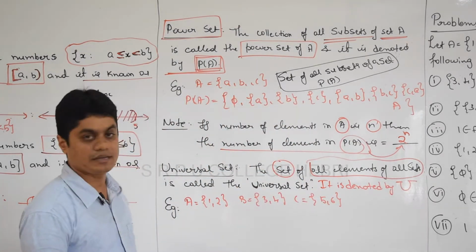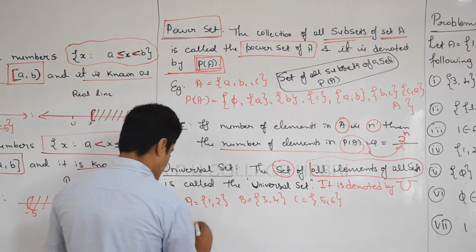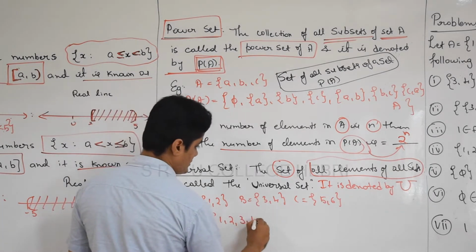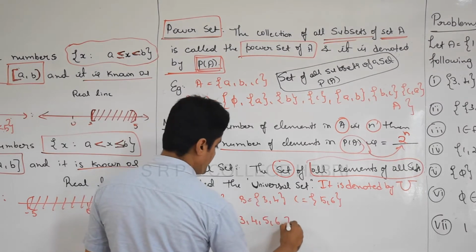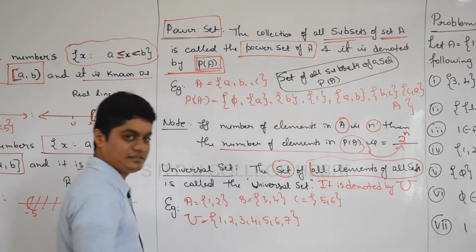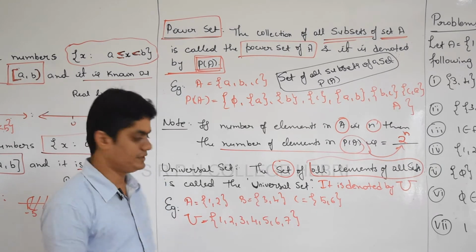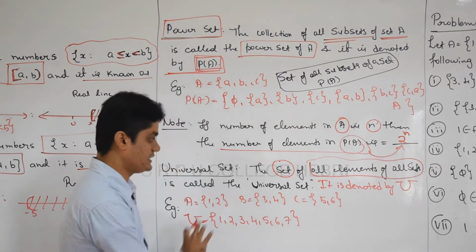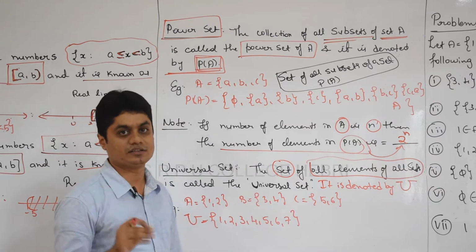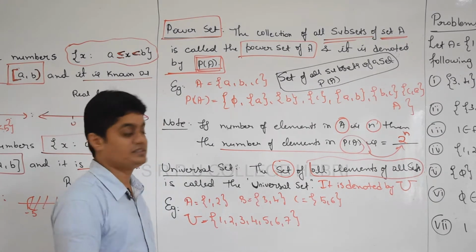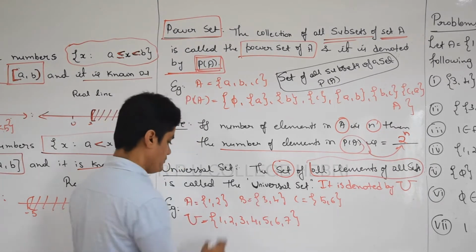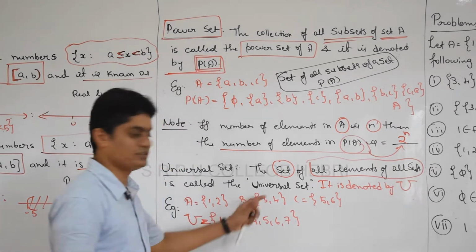It is denoted by capital U. Now the universal set of these must at least contain these elements. The universal set may contain elements other than those of the given sets, but all the elements of the given sets must be present in the universal set. It may contain more than that also, don't worry. So this is known as a universal set for these three sets.